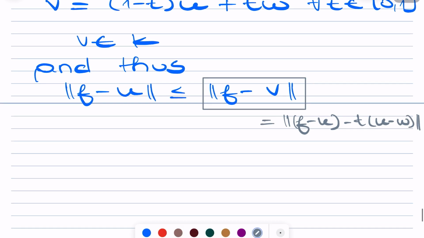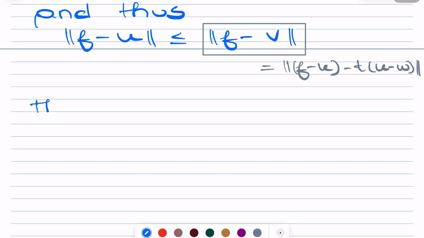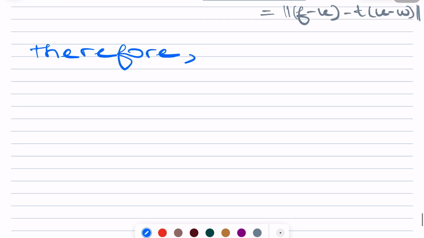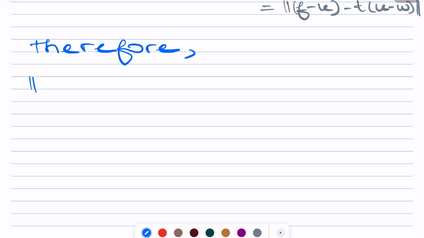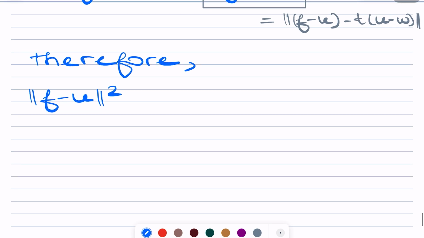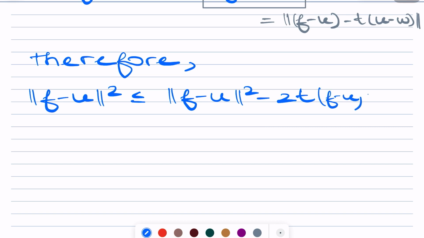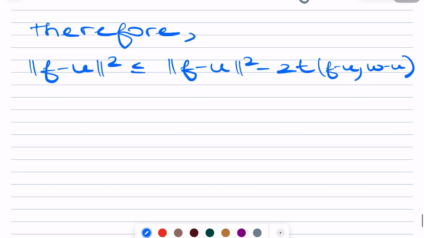So therefore, if you square every side of the inequality, you get that the norm of f minus u squared, right, is less or equal than the norm of f minus u squared plus, minus 2 times t, scalar product of f minus u and w minus u, plus t squared of the norm of w minus u squared, right?